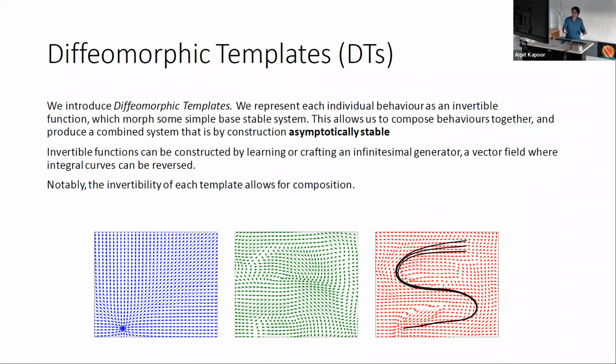We represent this motion as trajectories, or integrals of a vector field, right? For those of you who have worked with dynamical systems before, you know that you can visualize a dynamical system as a vector field, and you can integrate trajectories on that dynamical system, right?